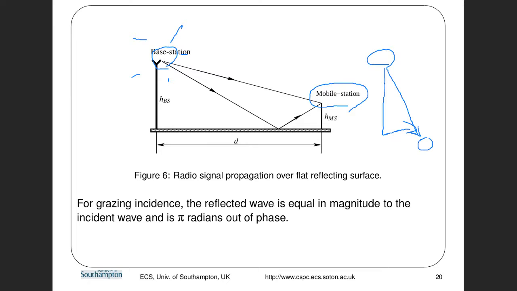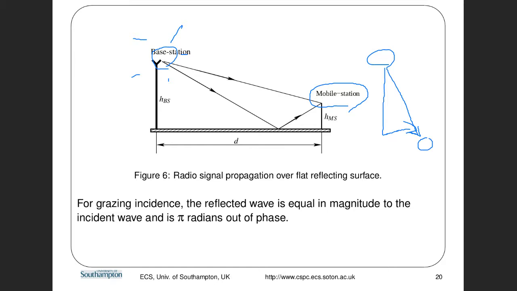Because the shortest path is a direct link. So when signal travels over distance, it would fade over distance. So normally the reflected link has smaller power. But for the sake of mathematical modeling, for this model, we'll assume that both links have the same power.